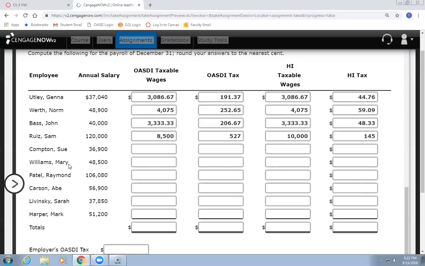Any questions on Sam? Okay, I'll go ahead and type in the rest of the answers, and if you want to check them and do your check my work, or you just want to type them in, however you want to do it. So Sue Compton does have taxable wages of $3,075.